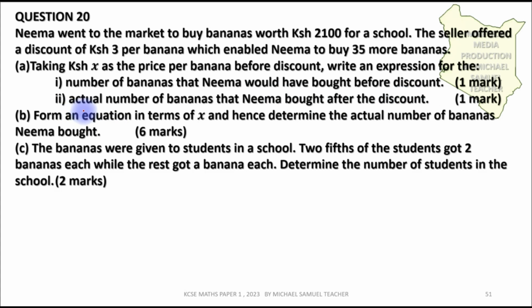Roman 2, the actual number of bananas that Nema bought after the discount. Part B. Form an equation in terms of X and hence determine the actual number of bananas Nema bought. Part C. The bananas were given to students in a school. 2/5 of the students got 2 bananas each, while the rest got a banana each. Determine the number of students in the school.